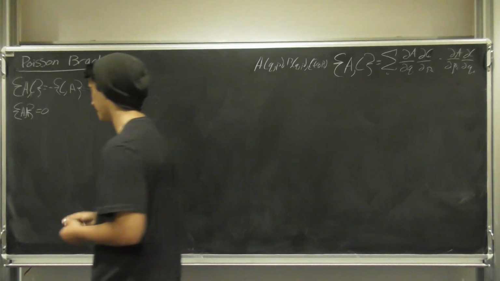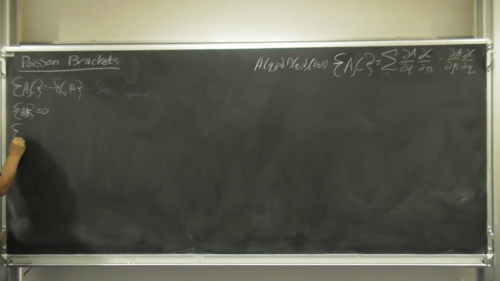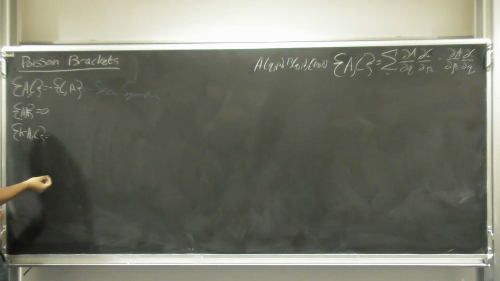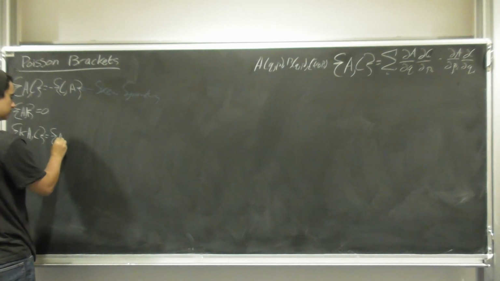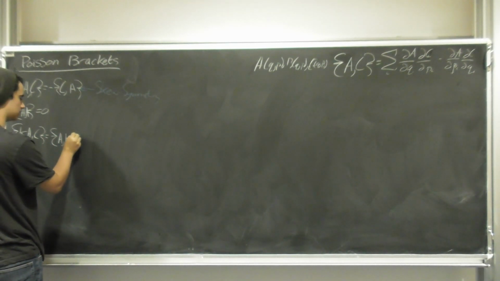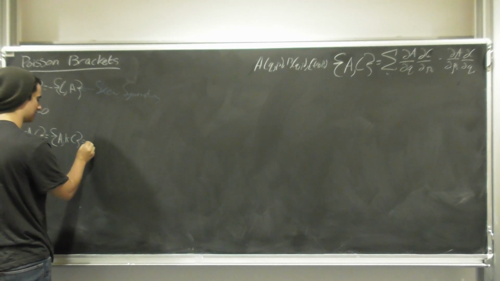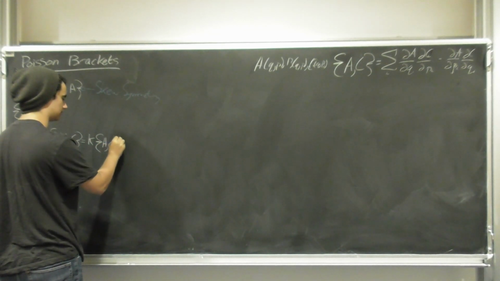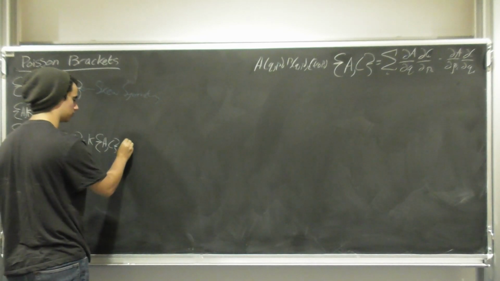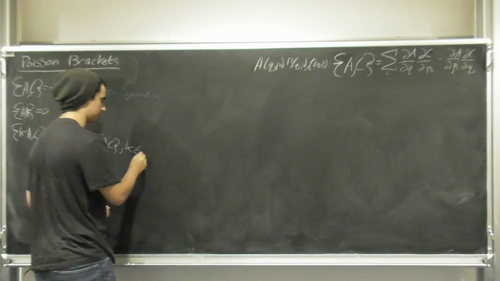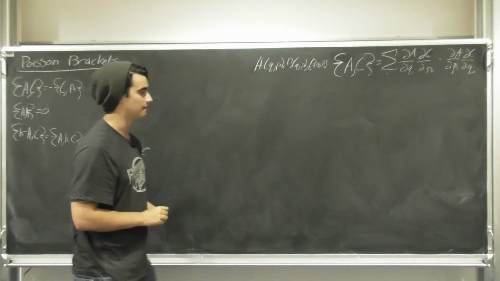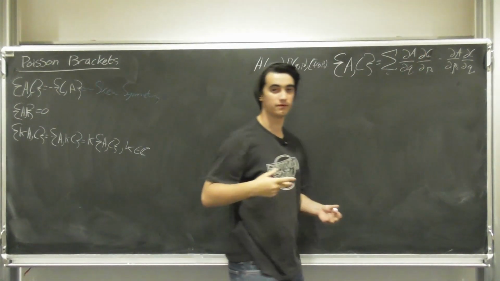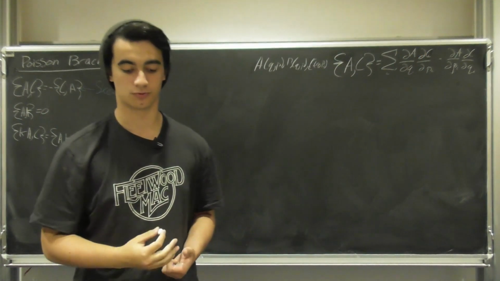The Poisson bracket of k times A and C is the same as the Poisson bracket of A with k times C, which is the same as k times the Poisson bracket of A and C, where k is a constant. You can see this occurs by just taking a constant out of the derivative, which we know from basic differentiation rules will work out.